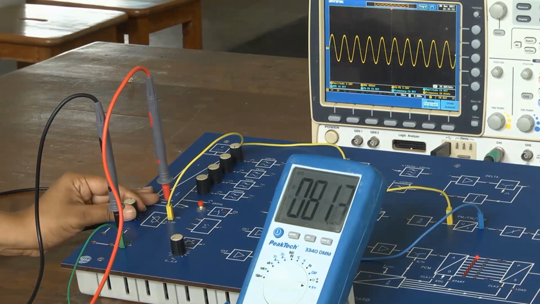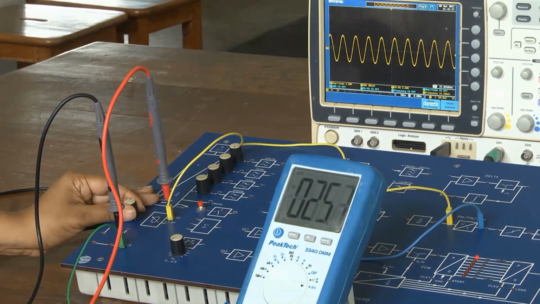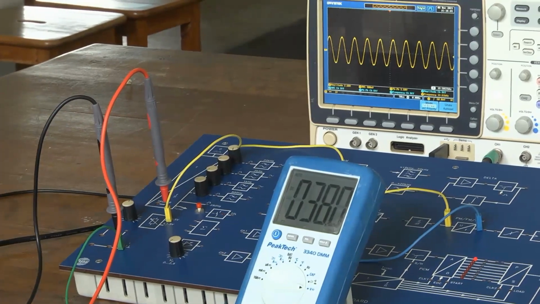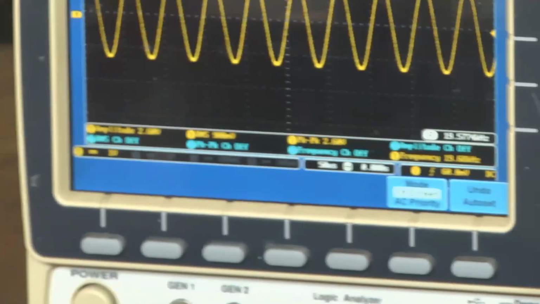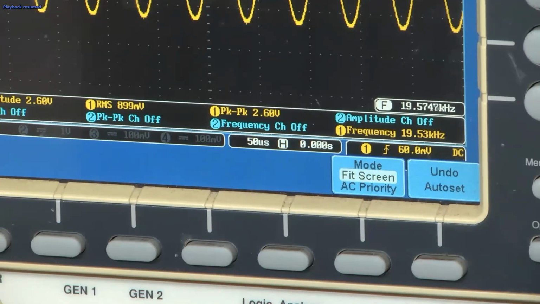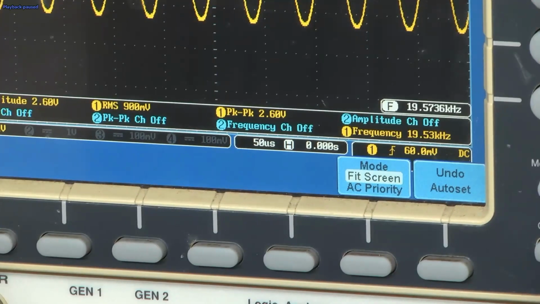Let's see. Okay, it's approximately 0. So let's see what the frequency value is.